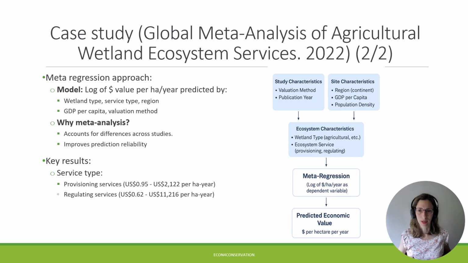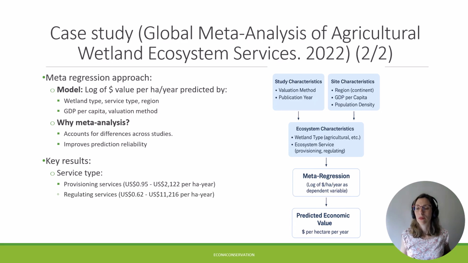pulling a single number. The results were provisioning services like food or raw materials. The values ranged from 95 cents to $2,000 per hectare per year.